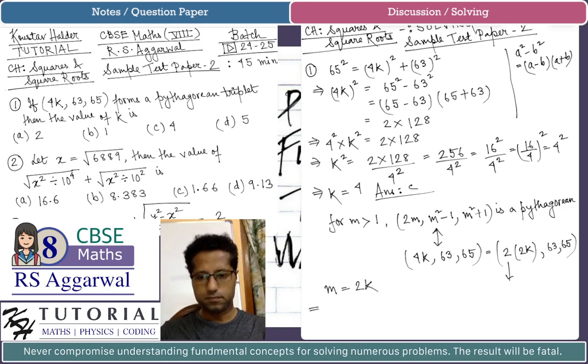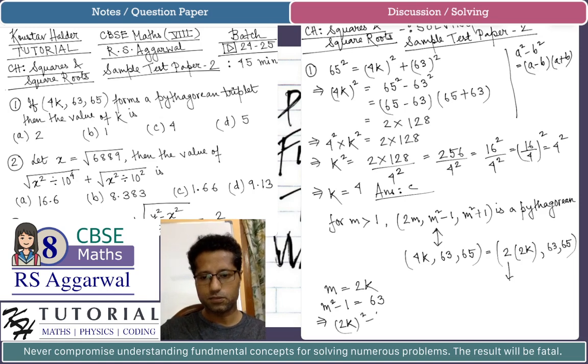So m square minus 1 will be equal to 63. This implies, with m as 2k, 2k square minus 1 is equal to 63.